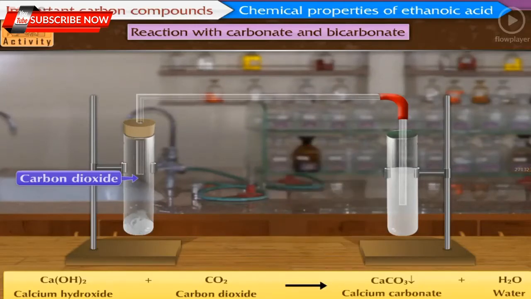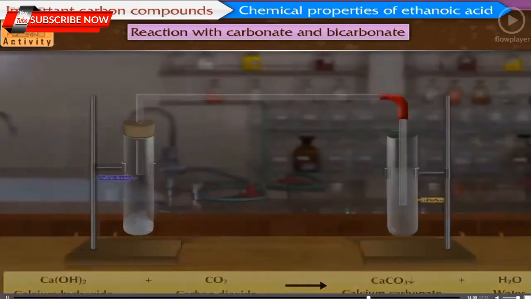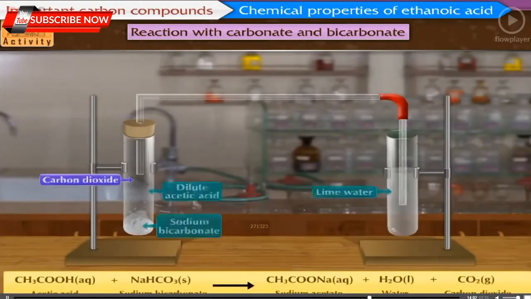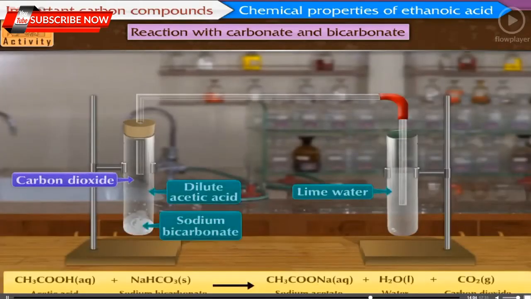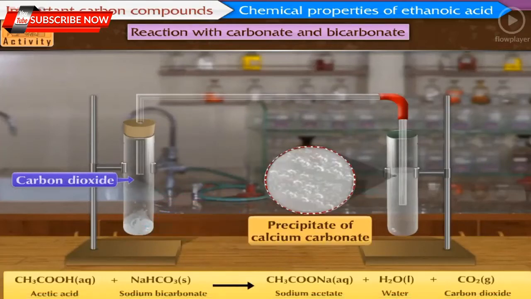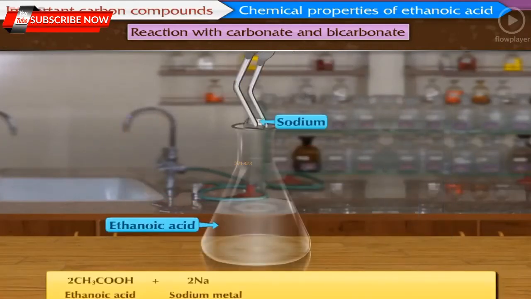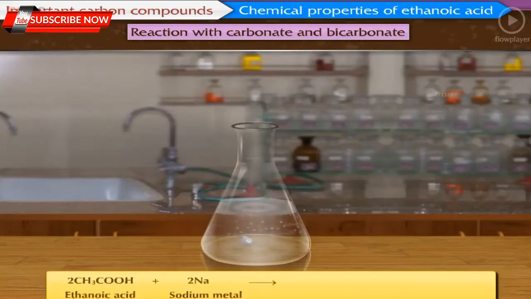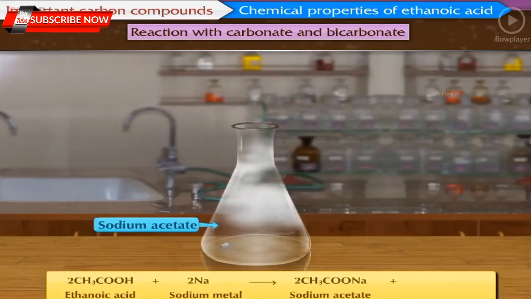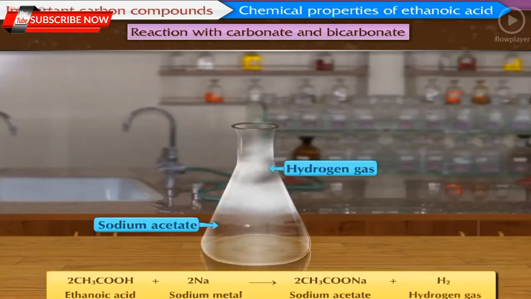If carbon dioxide is allowed to pass through lime water for a long time, lime water turns colorless. If sodium bicarbonate is added instead of sodium carbonate, then similar observations are obtained. If a piece of sodium metal is added in ethanoic acid, then sodium acetate is formed and hydrogen gas is released.